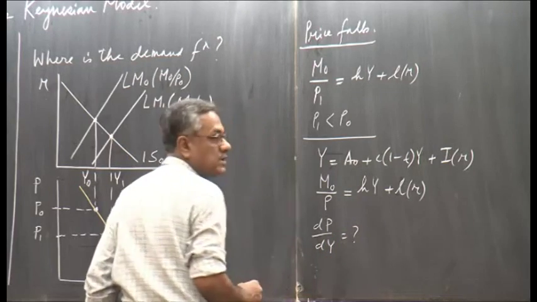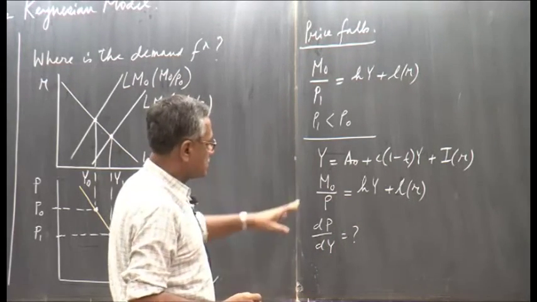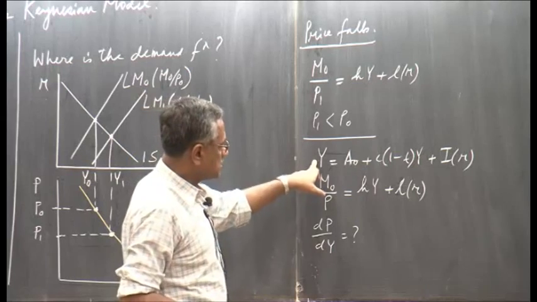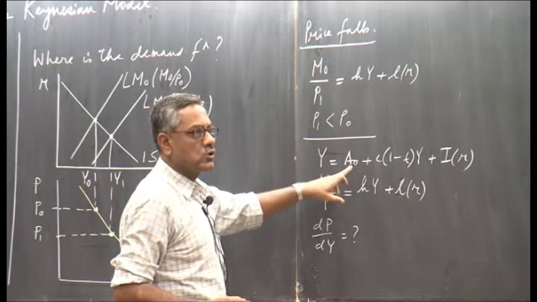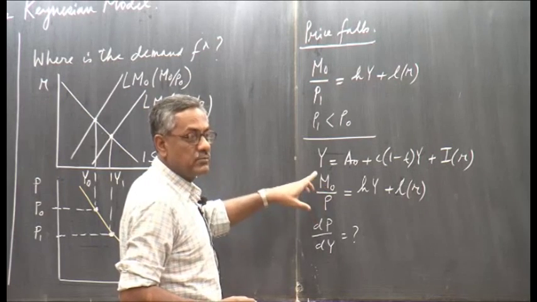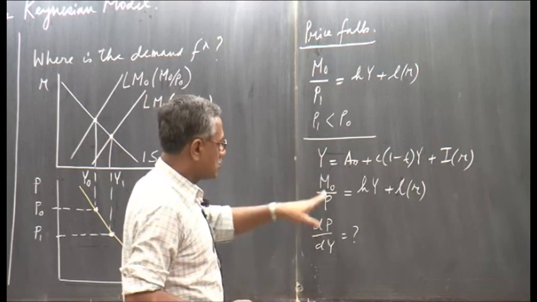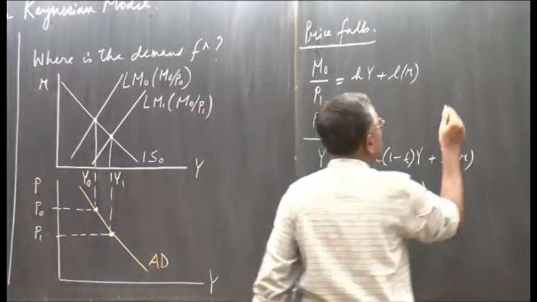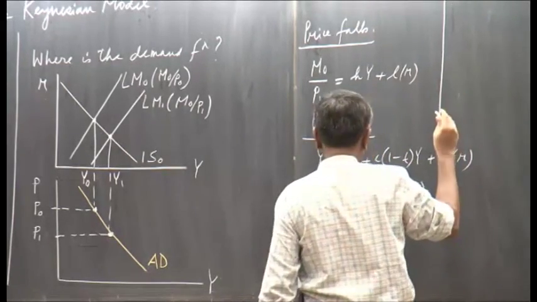How much will dP/dY be? You will see it's a negative term. So you differentiate the first equation, and put dG equal to 0. Differentiate the second equation, put dM naught equal to 0, dA naught 0. Then you have this algebra that you can do.